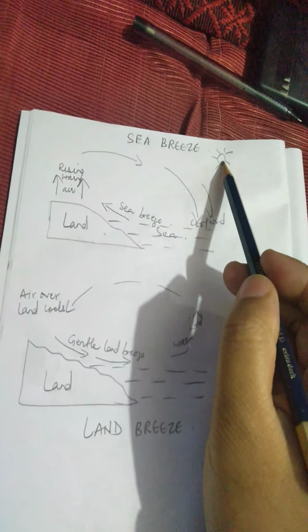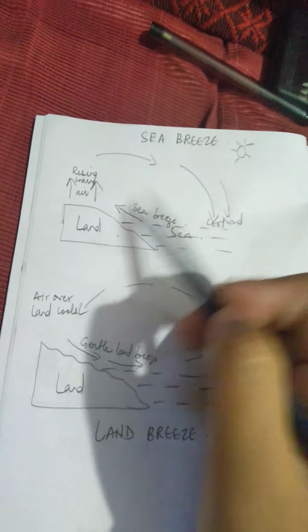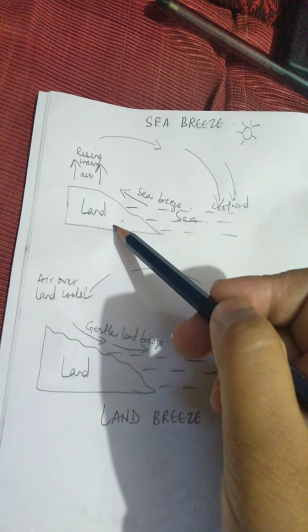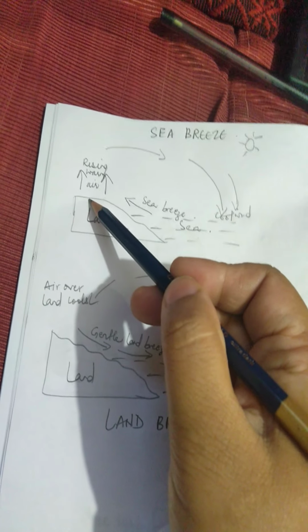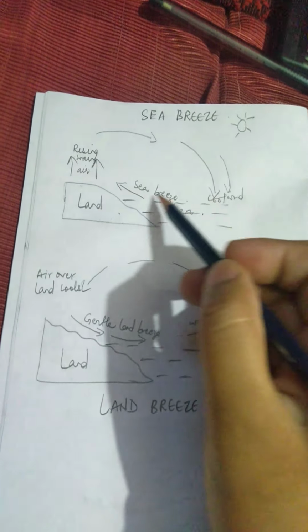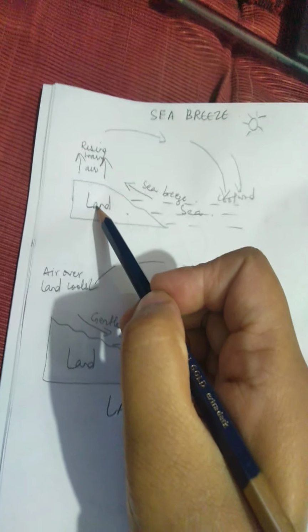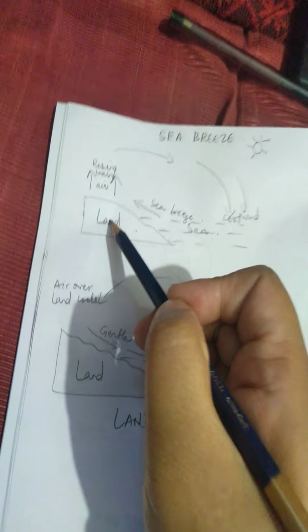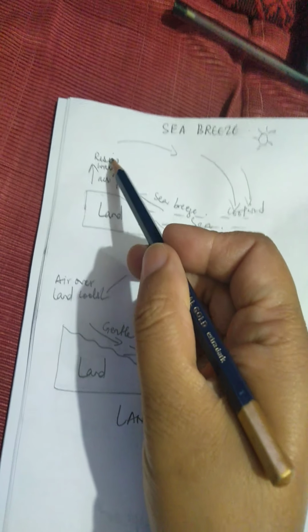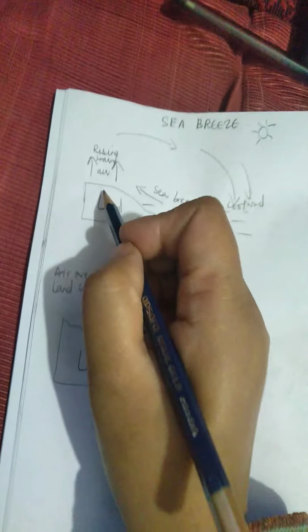So during the daytime, when the sun shines, the land gets intensely heated. At the same time, the water bodies do not get heated at the same rate. So the air surrounding the land also gets heated. As it gets heated, it rises up, creating an area of low pressure.